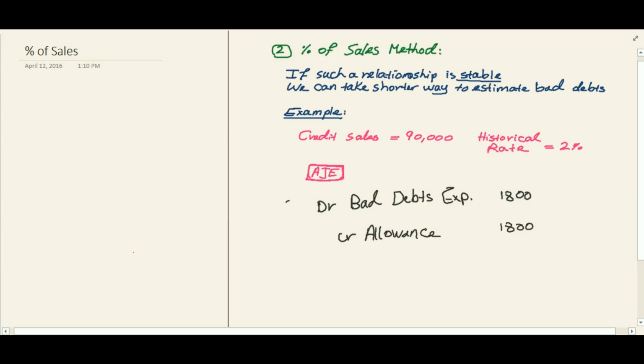So it's the same journal entry, but how we arrive at this number is the difference between the aging method and the percentage of sales method. So in percentage of sales, we assume that there is a stable relationship between the number of uncollectibles and the total credit sales for the year.